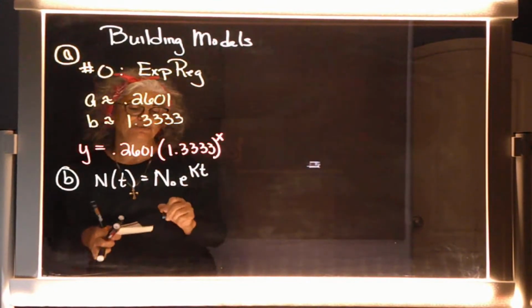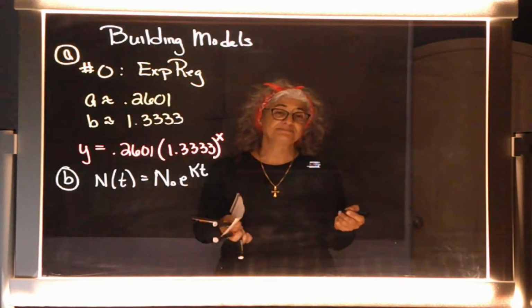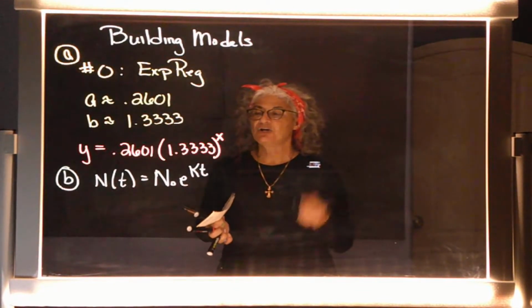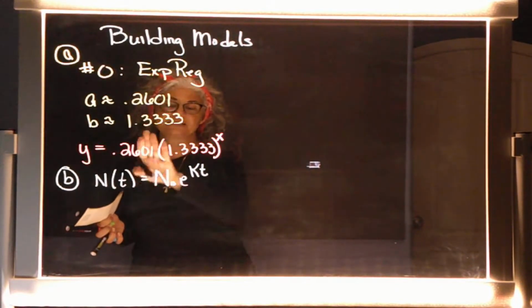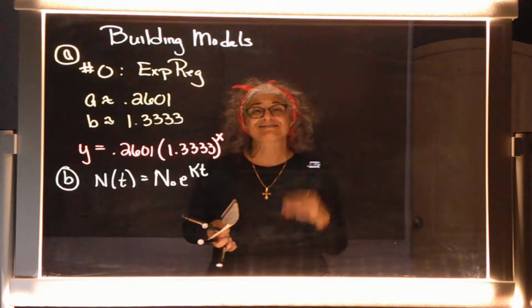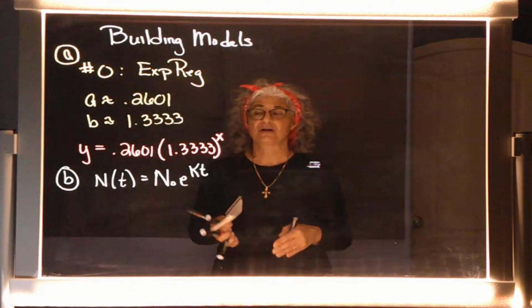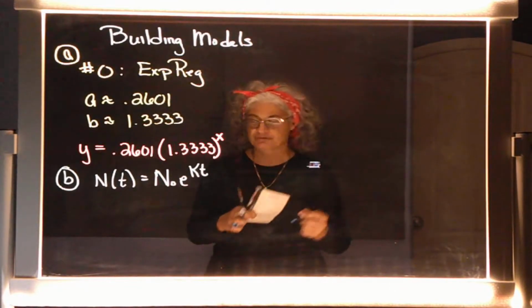Except, you know, they used N instead of P, but it's the same thing, is it not? Which means these two functions need to be equal to each other, don't they? Because they need to be the same. And in math, the same means equals. So that's exactly what I'm going to do. I'm going to make them equal to each other.